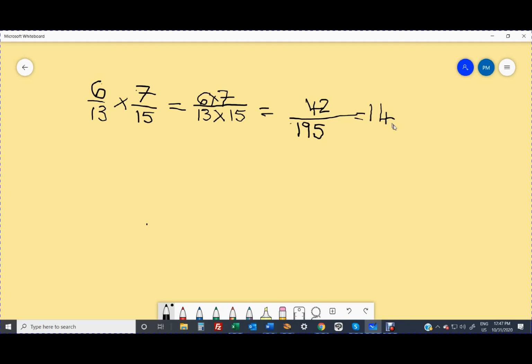So that's going to be 14 divided by, and again, we divide the top by 3, we have to divide the bottom by 3. So 3 into 195 goes 65. So it's 14 over 65. Okay, so that is our first answer.